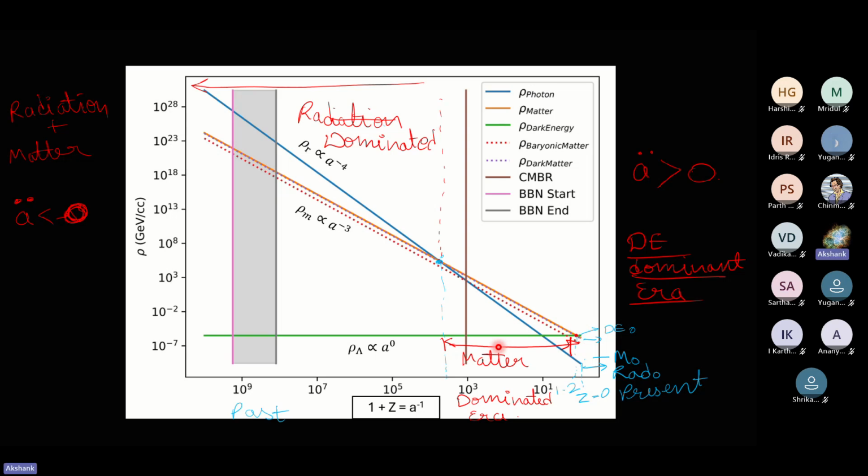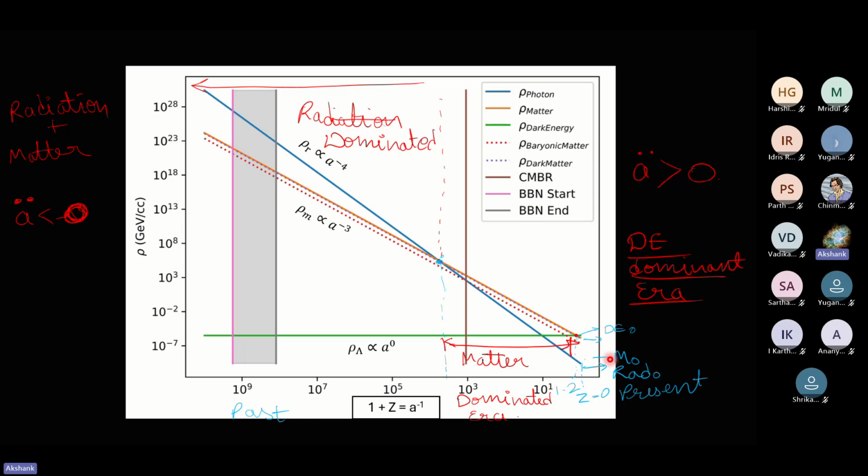Otherwise, it would have been a good solution. That could only have been possible when this crossover happened between dark energy and radiation. But today, it's definitely not possible to explain what we observe through radiation energy decreasing.